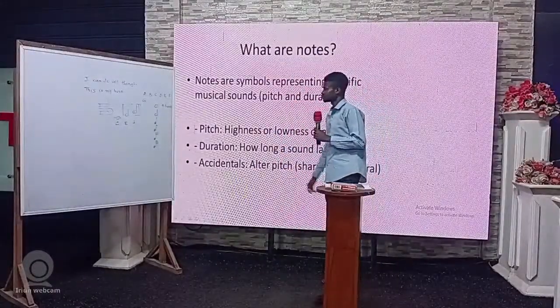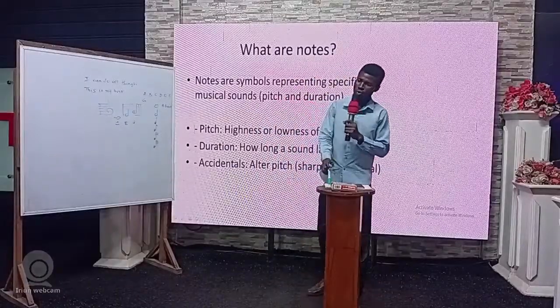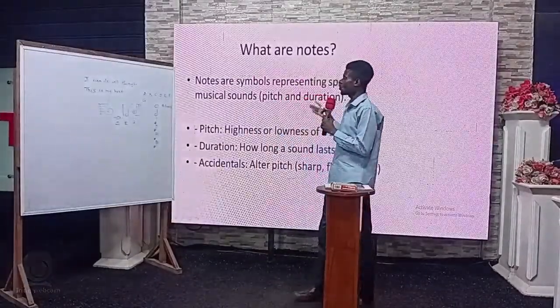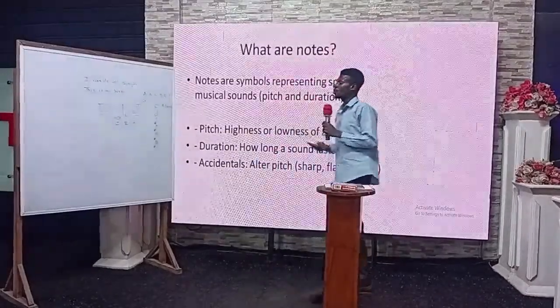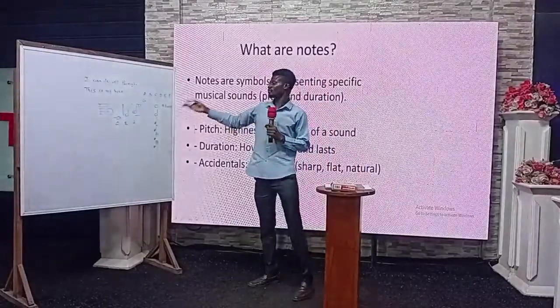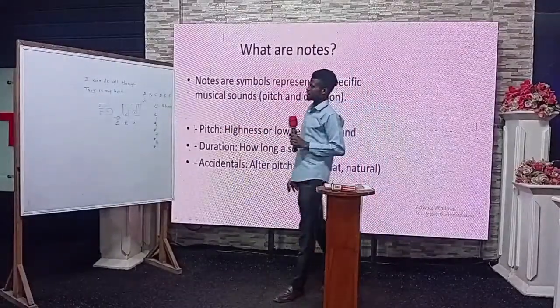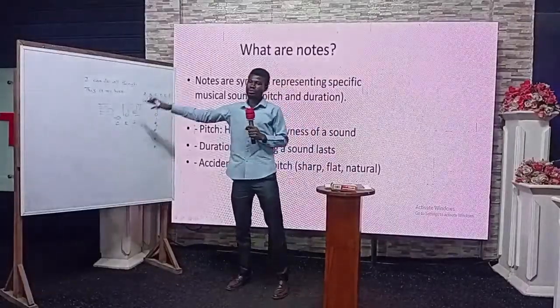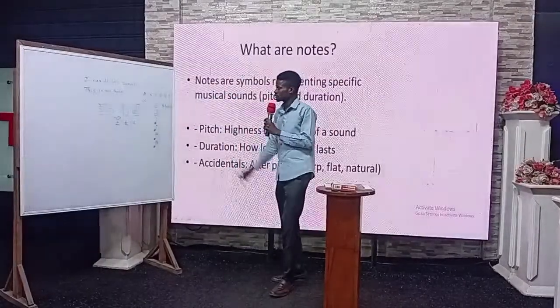Now, one sounds longer than the other. That lasts for 4 beats. That lasts for 2 beats. So each of these notes has its own duration, and when we combine them together, we must be mindful of the duration of each of the notes.